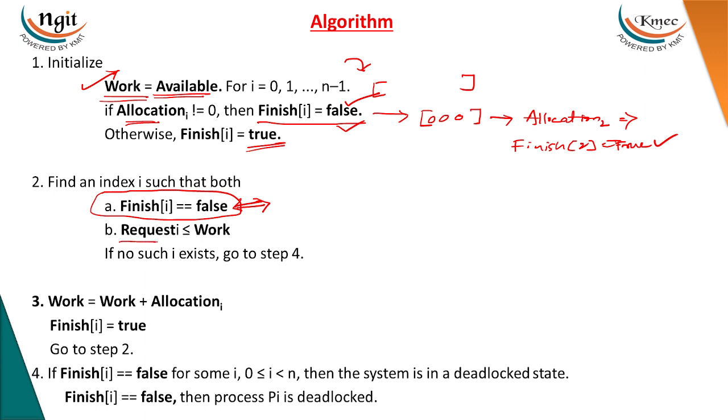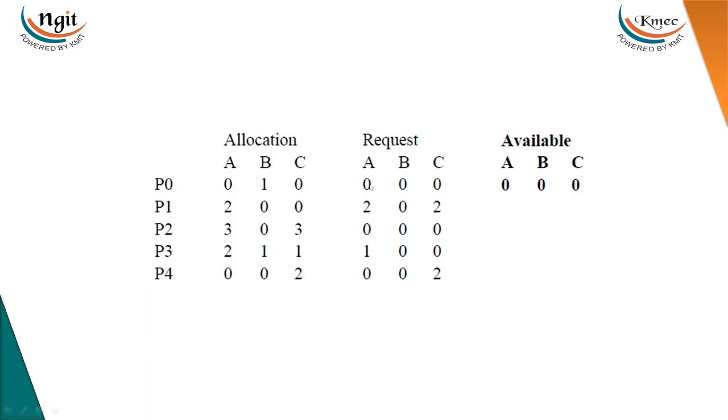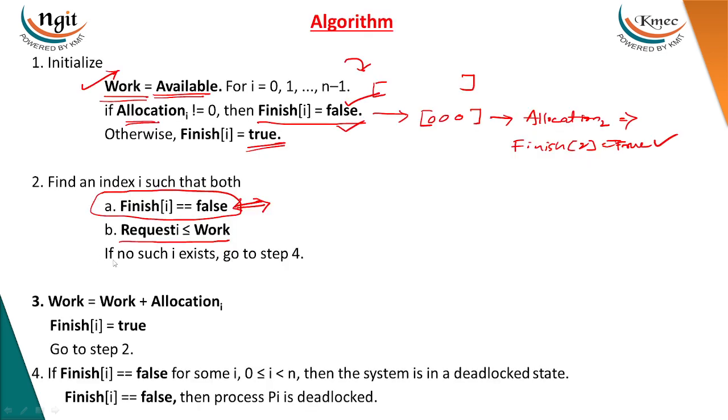Then we'll check the request matrix, that is this one. Let us take P0. Finish[i] is not equal to true, but look at the request: 0 0 0. That means it is not requesting anything.